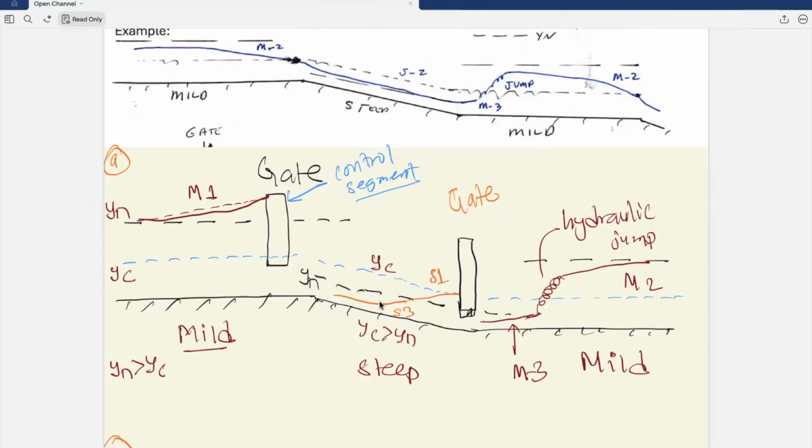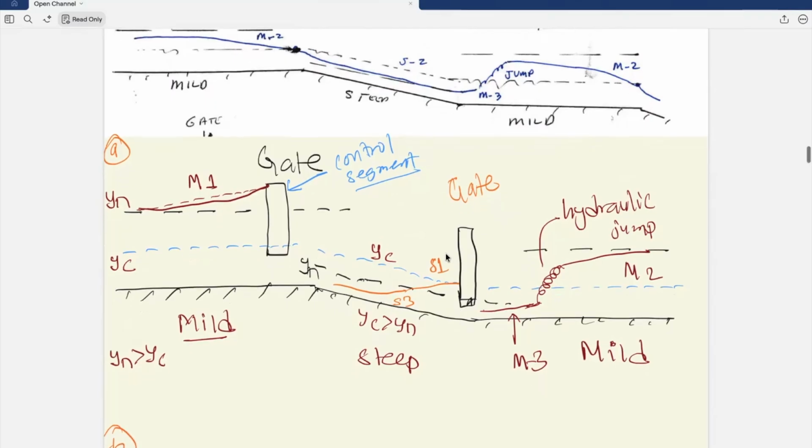After it approaches gate 2, it is still steep, so gate 2 is the obstruction, and water backs up above both lines, which is called zone 1, that is S1 in this case because it is on the steep slope, and depth increases while approaching gate 2.